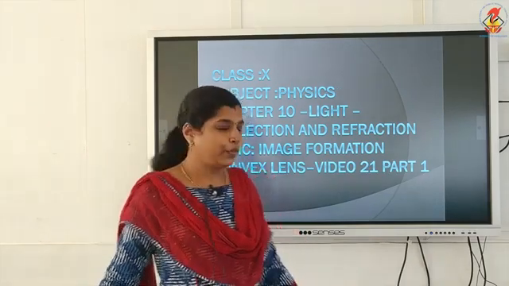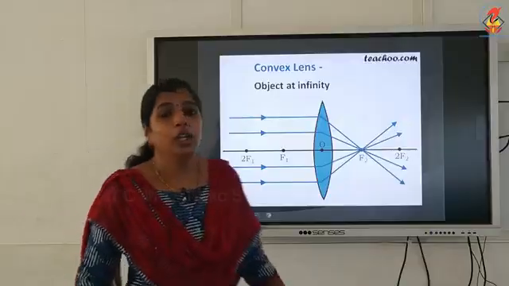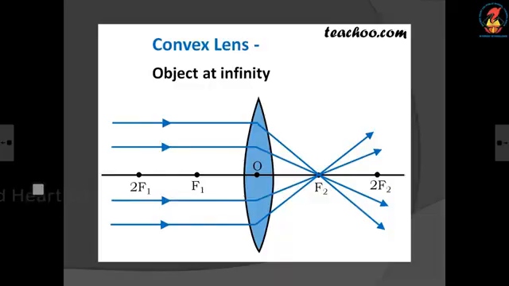Okay. So first one, object is at infinity. We have to draw the ray diagram for a convex lens.